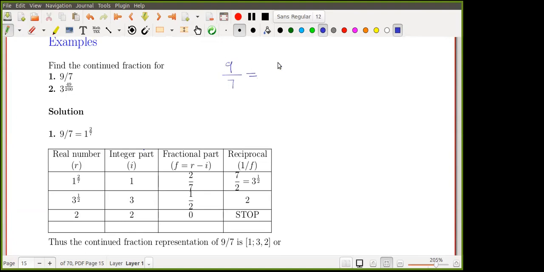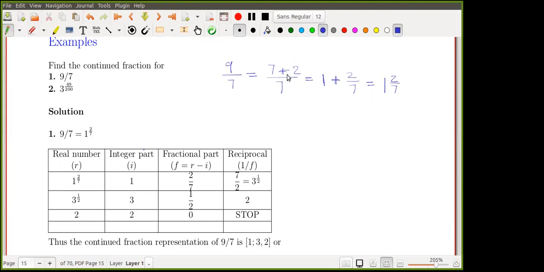We can write 9 as 7 plus 2, over 7. Now, if we split the fraction into 2 parts, 7 by 7 will give us 1, plus the second one will give us 2 by 7. So you see that this is 1 plus 2/7, which in the mixed fraction form is written as 1 and 2/7.